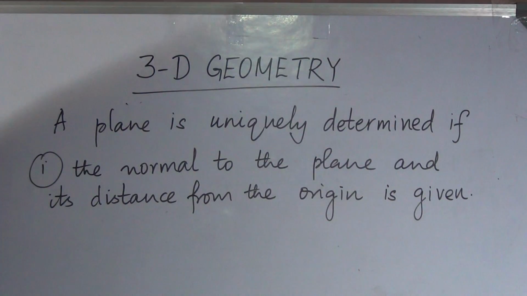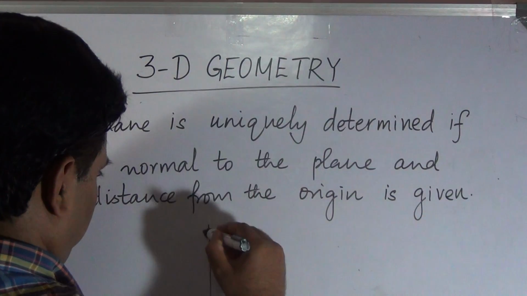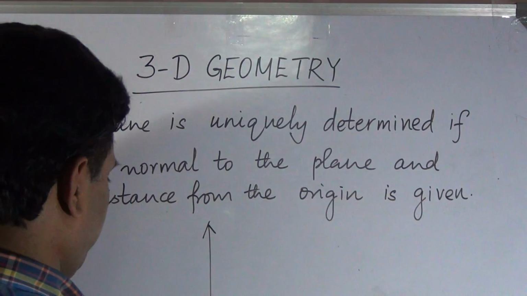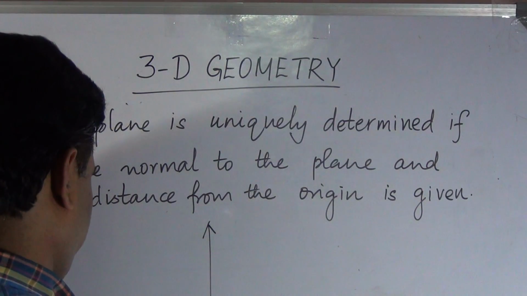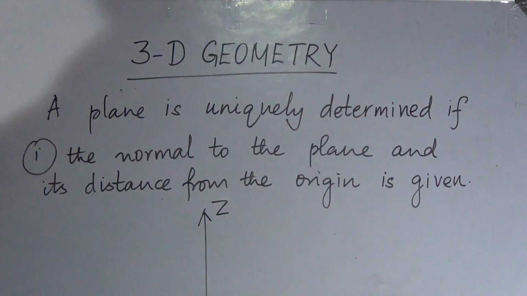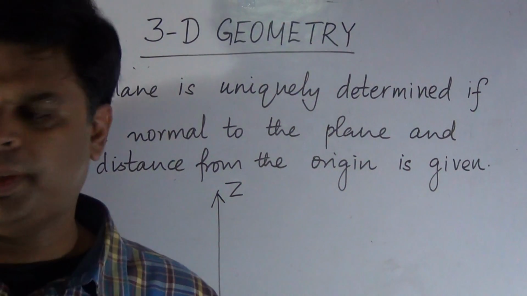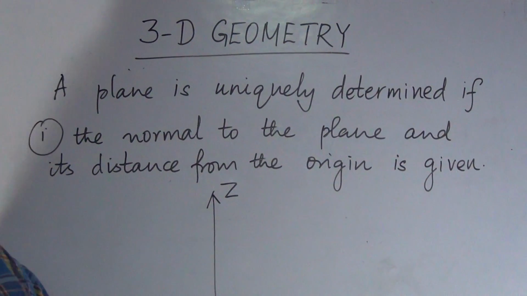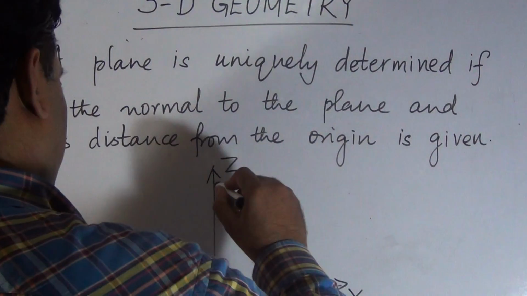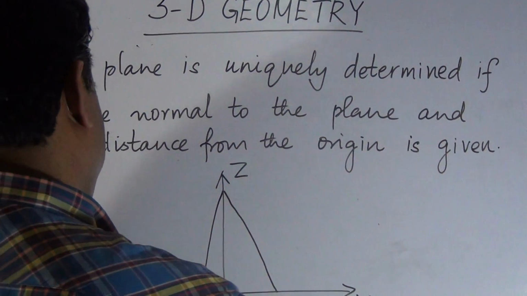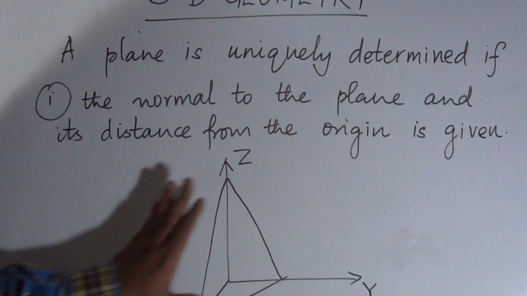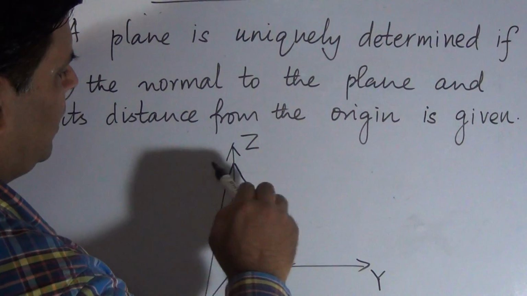So take for example, I have these 3 dimensions x, y and z, and I want to find the equation of the plane which has this part as part of it.